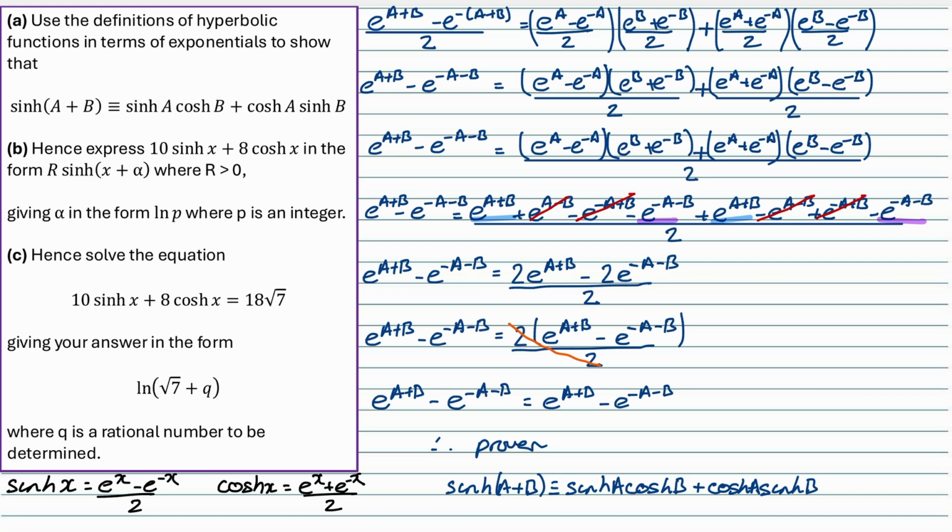For part B, hence express that 10 sinh of x plus 8 cosh of x can be written in this form. So this is a bit like the harmonic trigonometric identities in normal maths.